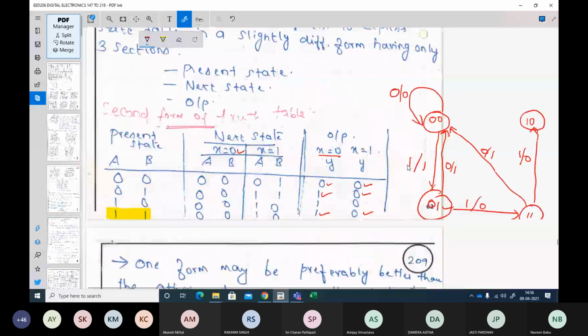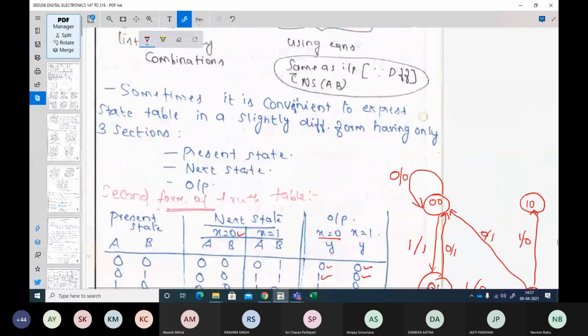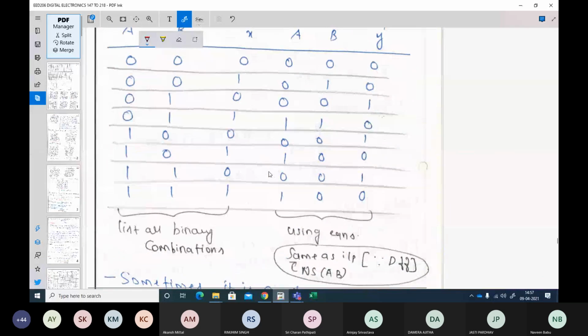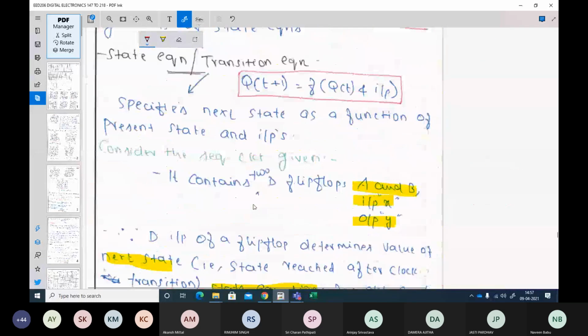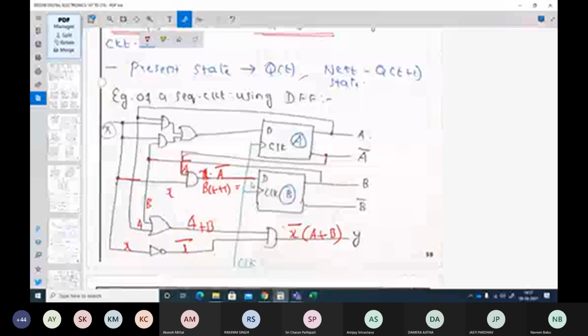The reverse is also possible. That is, you will be given a state diagram, you must create a state table, from the state table you must create a state equation, and from the state equation you must be able to draw the sequential circuit diagram. We will be seeing both designs in this class.